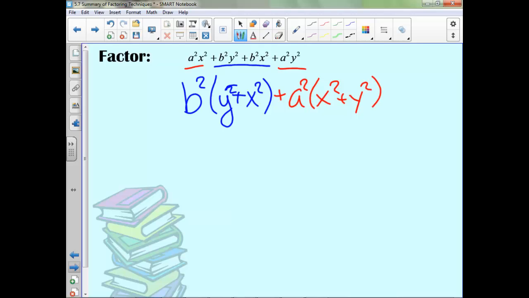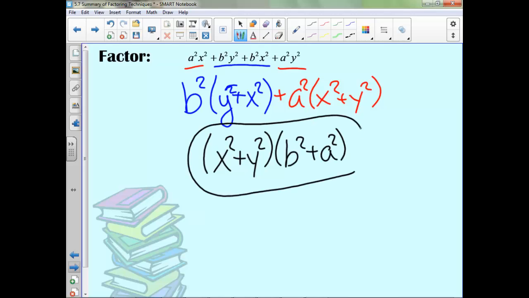And now notice they both have an x squared plus y squared, so we can factor that out from both, and we're left with b squared plus a squared. Notice they are addition, not subtraction, so it's not a difference of squares, so we can't factor it anymore.